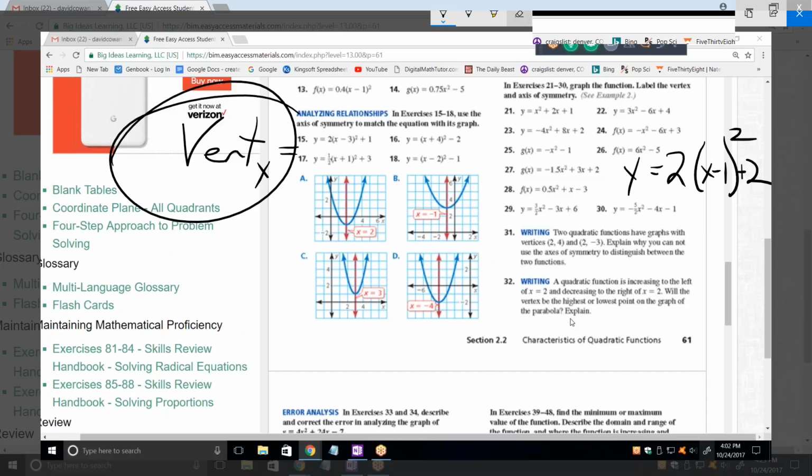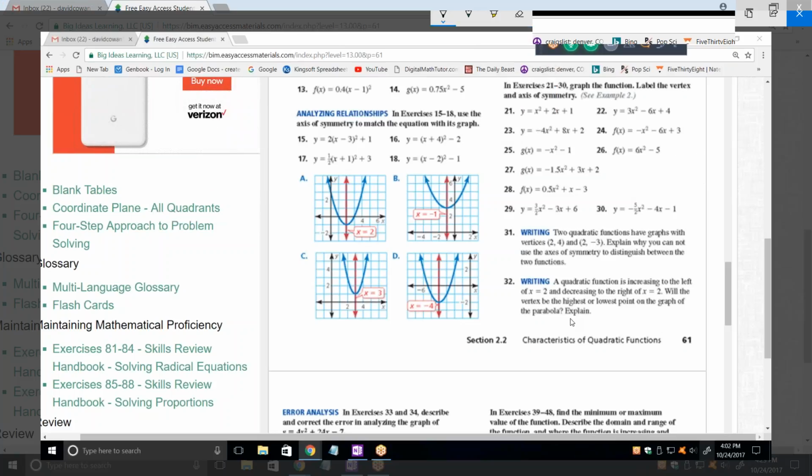So I wouldn't have to go through all these calculations. So it really depends on the format they give it to you. Well, for 30, that's standard format. When you start with standard format, this is the easiest way to go. What's the general formula for the vertex? The x-coordinate of the vertex?